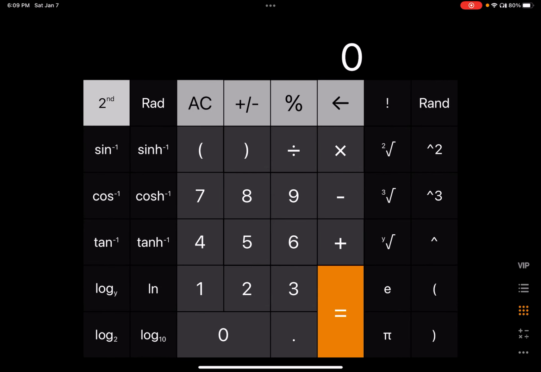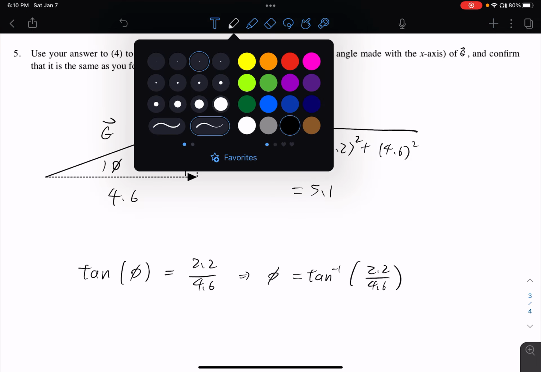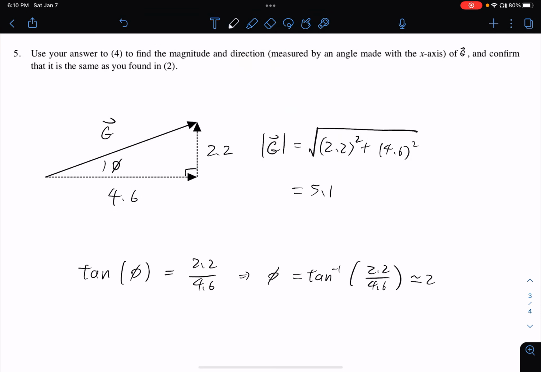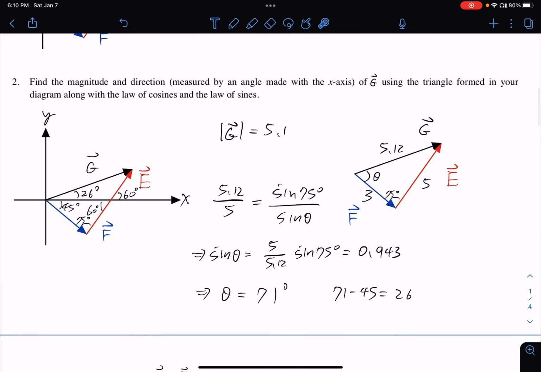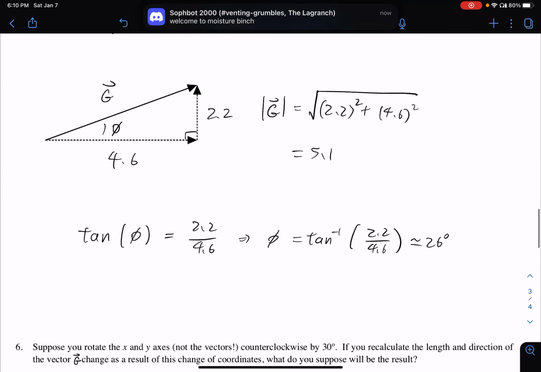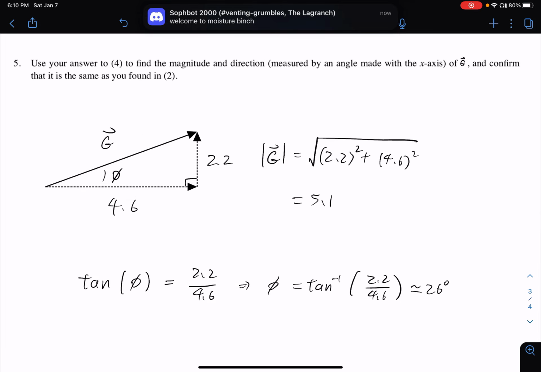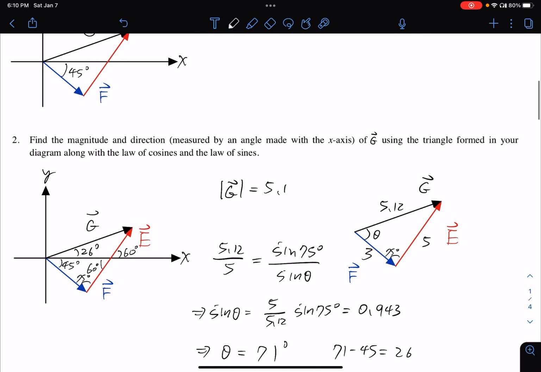So let's press some numbers on the calculator, and we get about 26 degrees, which does indeed agree with what we have here in number 2. So we see our results are consistent with each other. No matter which method you use, they should all give you the same angle and same magnitude. But usually it's easier to just add components instead of doing the law of cosines, law of sines.